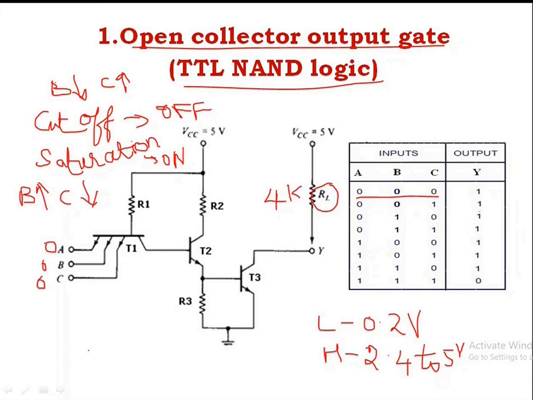You see the base-emitter junction of T1 is forward biased, because I said to remember, in a multiple emitter, if any one input is 0 also, your transistor will be on. So now the transistor is on.